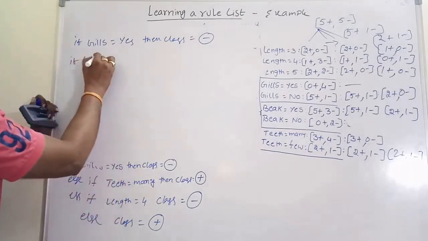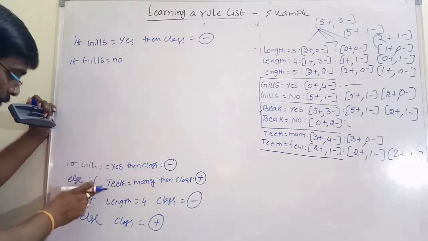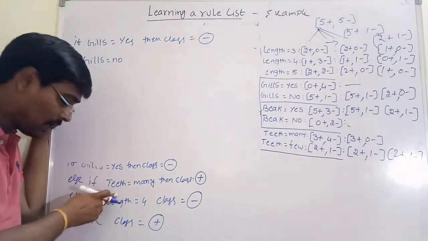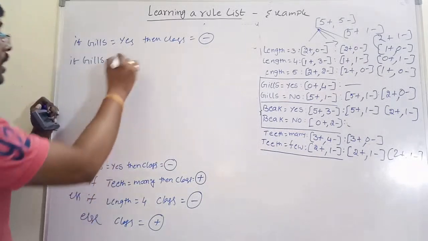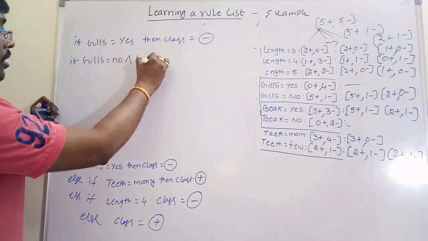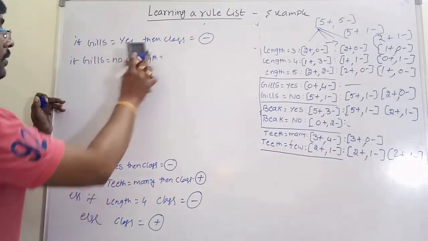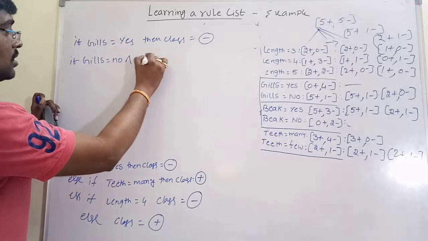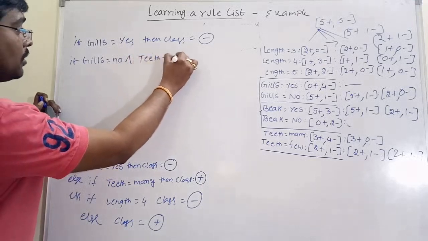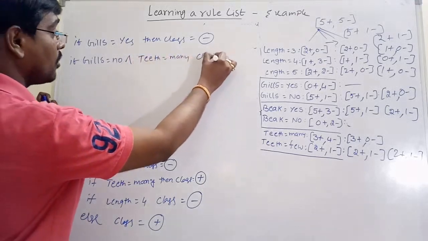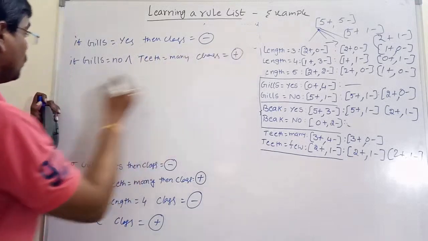If gills is equal to no, if we are moving to the else block, automatically gills is equal to no, and teeth is equal to many, then class is equal to positive.